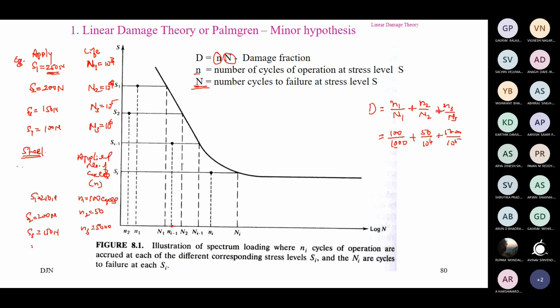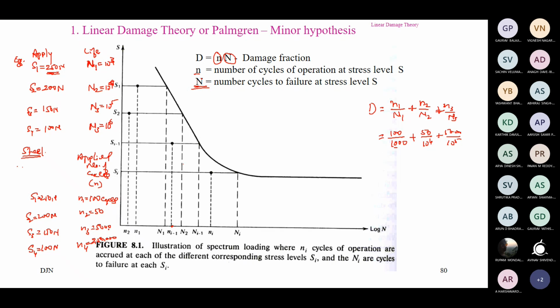Similarly, at last you are going to apply some S4 magnitude, 100 Newton load, for small n4 of maybe somewhere around 10 to the power 5 cycles. Maybe you take somewhere around 90,000 or more than 1 lakh. Let us say 2,50,000 cycles.